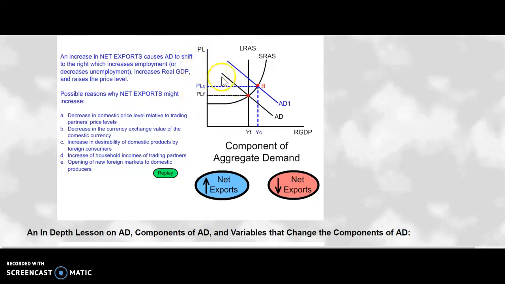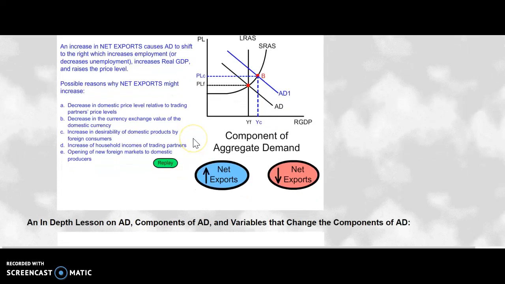If the price level goes down, it should be a movement along the aggregate supply and demand curve. I think that's more accurate, but this is also saying here that a decrease in price level makes our goods look cheaper, which would increase net exports, which could possibly cause a shift in the aggregate demand. But I think this is more so the international effect right here, okay? But we do want to be aware of that as well.